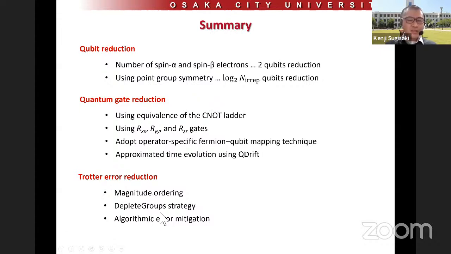And also, the pre-group strategy is more efficient, but the pre-group strategy needs Hamiltonian term classification into subgroups. Also, we can apply algorithmic error mitigation techniques to estimate the energy or expectation value without Trotter error by using extrapolation.